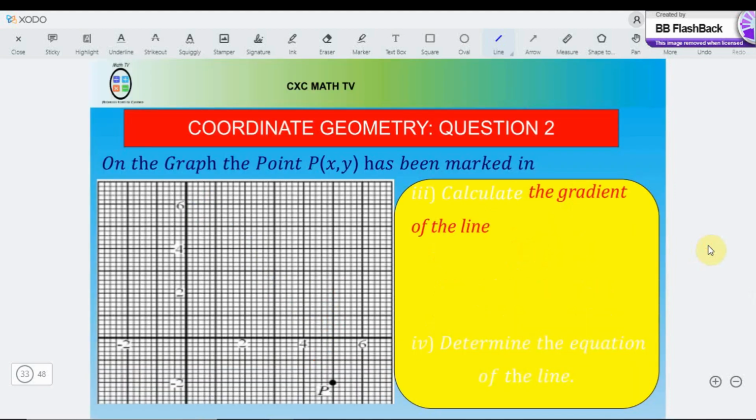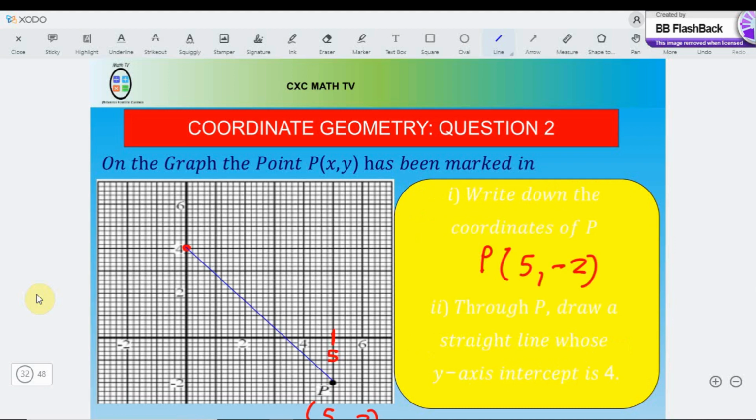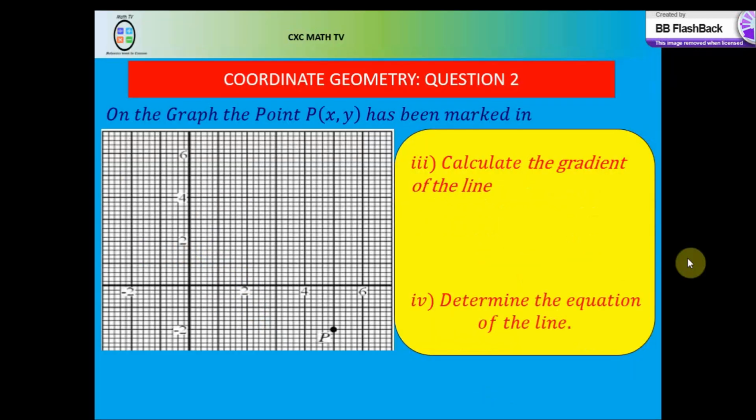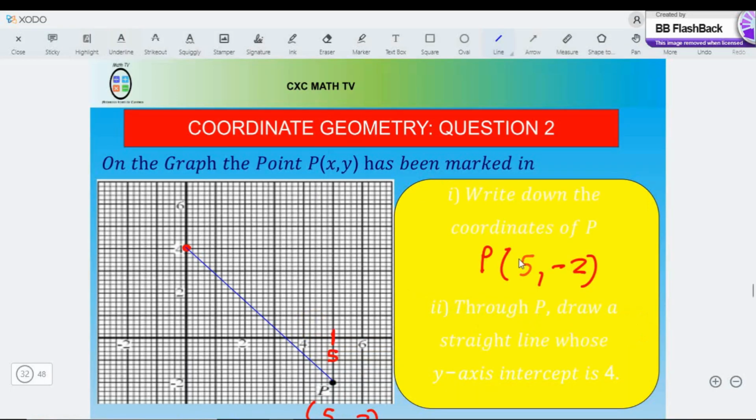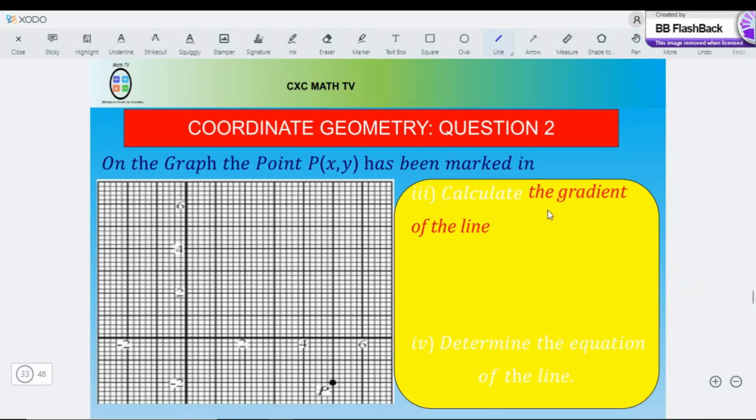What else they ask? Then now after we draw that straight line, they ask us to calculate the gradient of this line. So that's the next question. We need to calculate the gradient of the line and then determine the equation of the line.